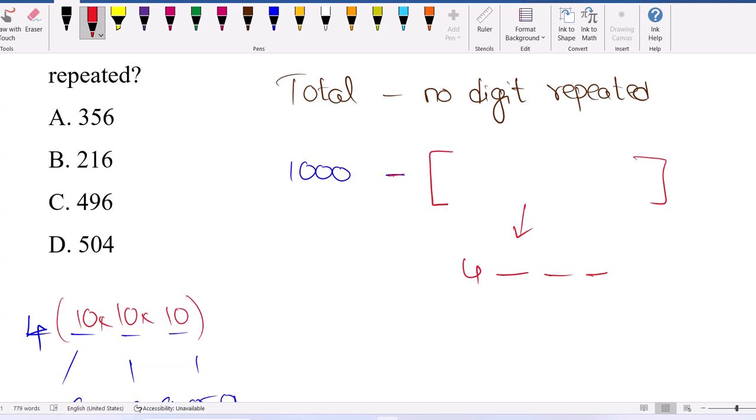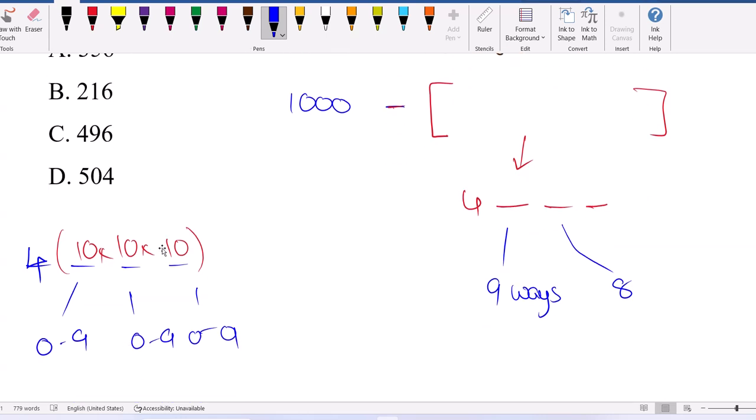We said no digit repeated, so for this place I have only 9 ways. What is that 9? 0, 1, 2, 3, then 5 to 9. 9, not 10. What about here? How many ways? 8 ways, because here we used one number. Not repeated, already used, we don't use. You may argue, sir, here you took 10 into 10 into 10.